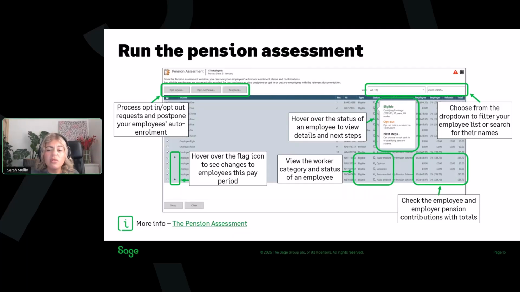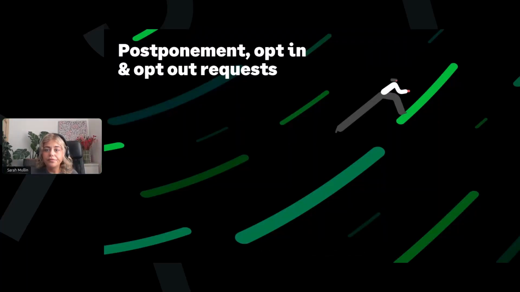So that's where you would process any opt-ins, opt-outs, and postponements that you get requested from your employees. So a bit of a recap of what we've seen in the pension assessment screen there.